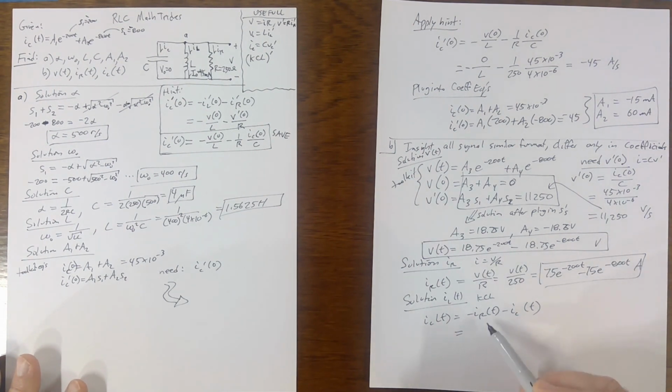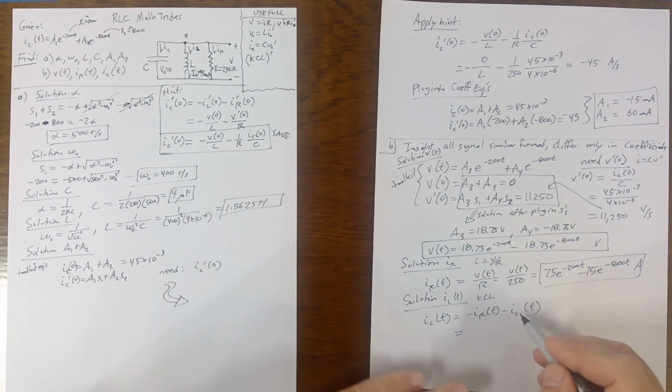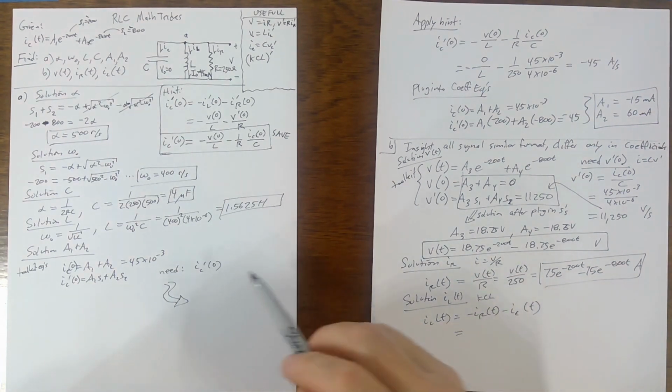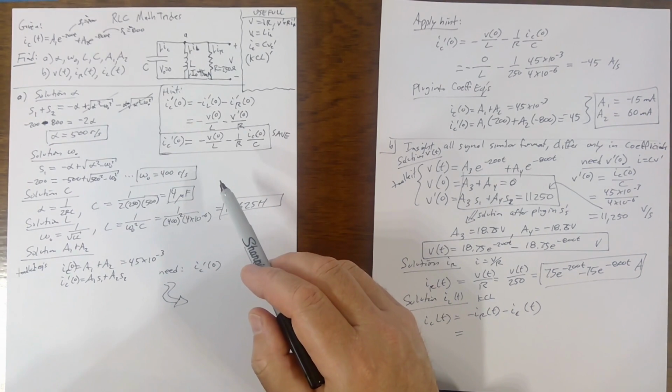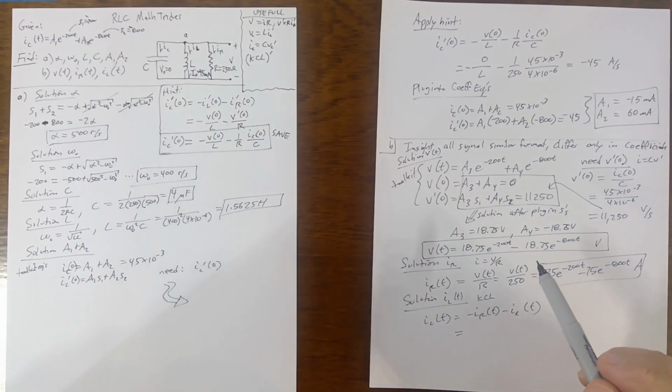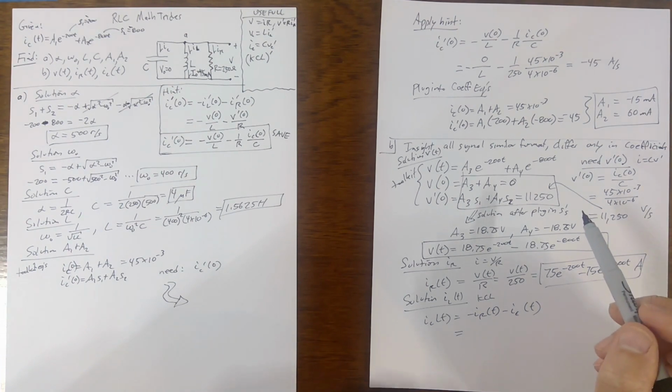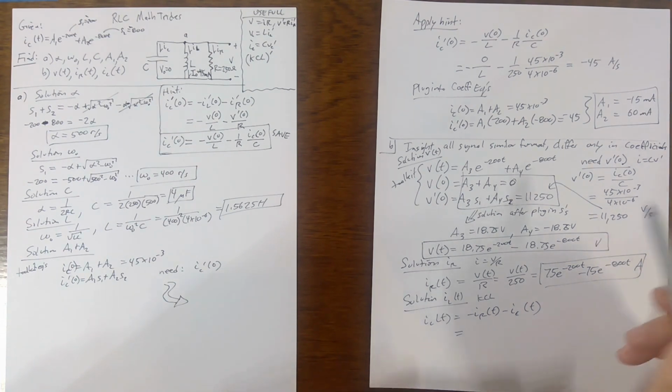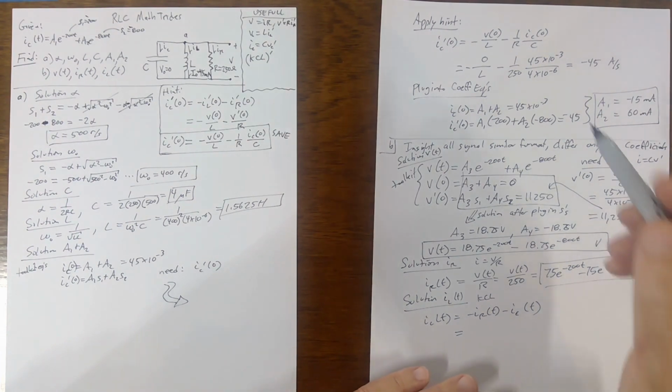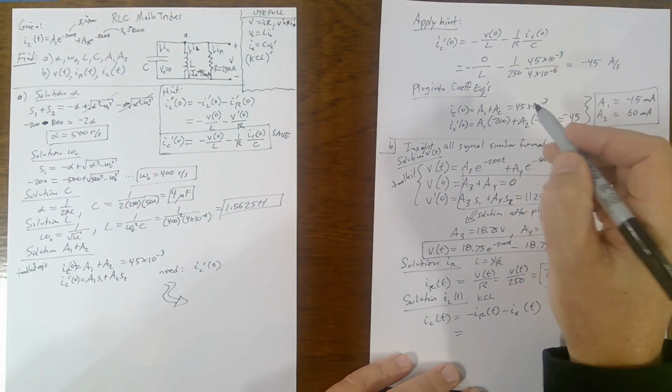I sub r of t minus I sub c of t. Where is I sub c of t? Where is that? I didn't do it.